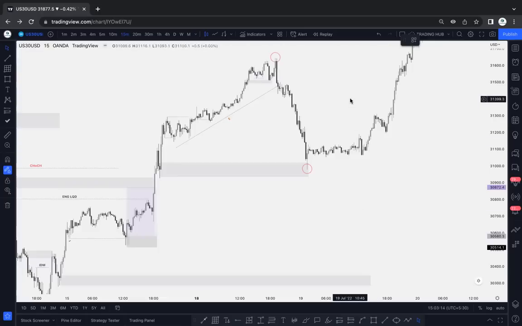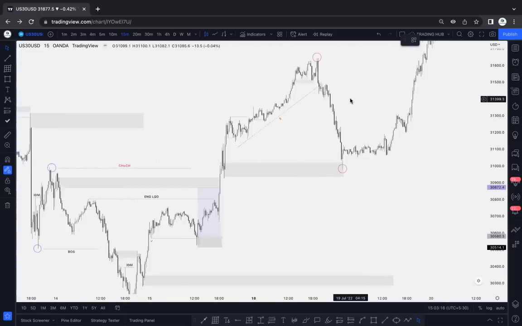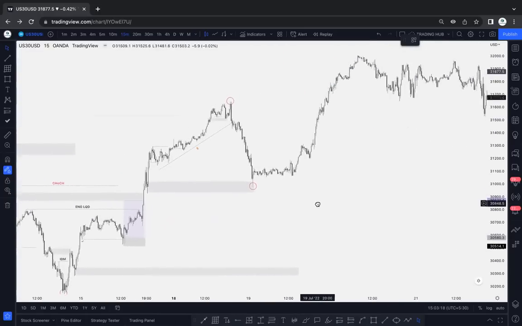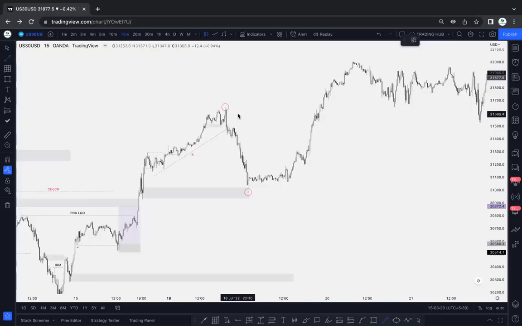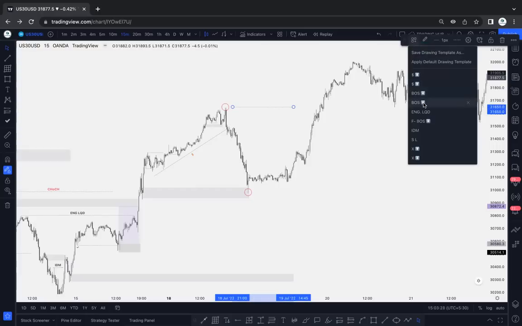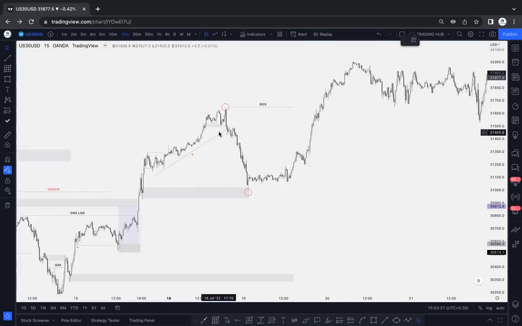So these things happen most of the time in an index. Forex is more structural, but you have to keep these things in mind.